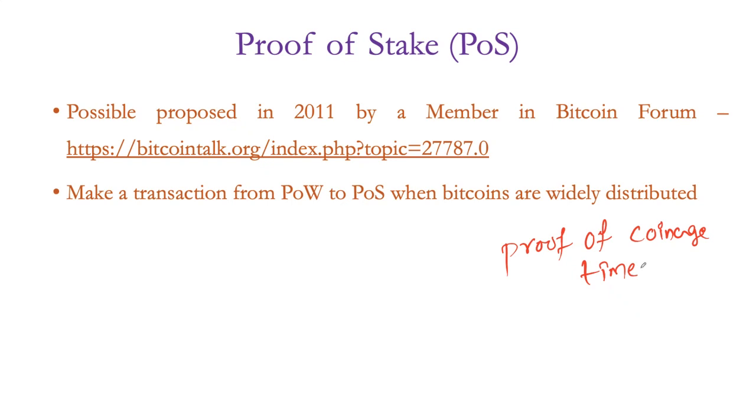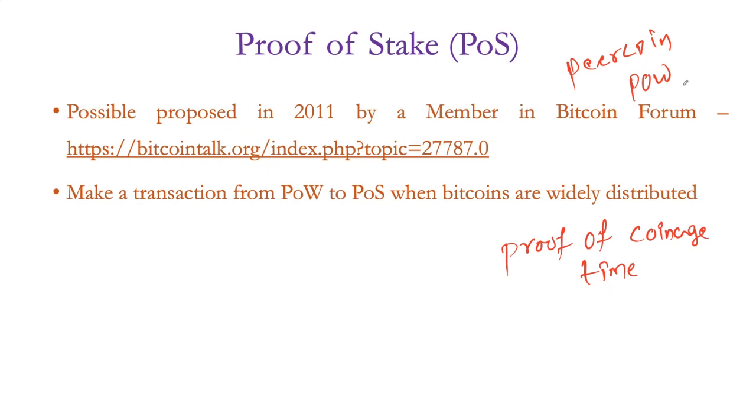So in the coin age based approach, the age of your coin is reset every time a block is mined. So the miner is rewarded for holding and not spending coins for a time period. This mechanism has been implemented in Peercoin, which is combined with your proof of work for doing the mining in a creative way.